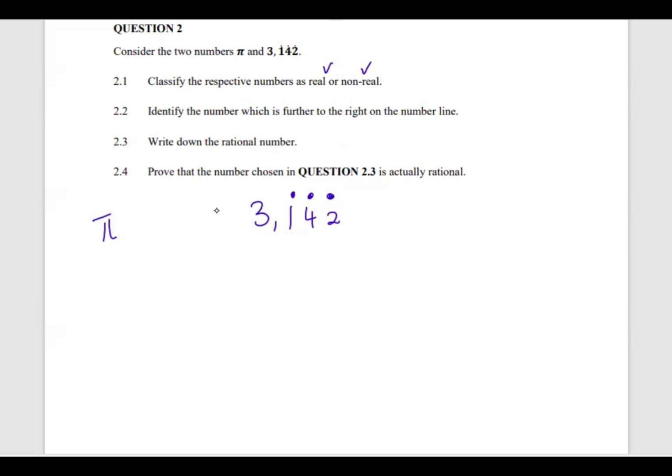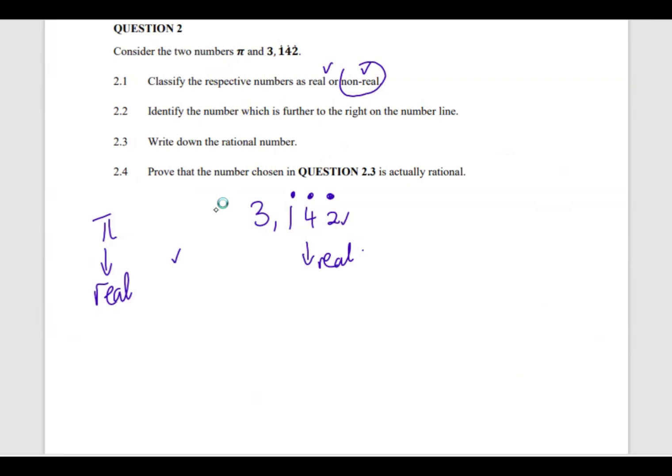So in that video of the different types of numbers, we did discuss this and we said pi usually falls under what we call the real numbers. Same applies to this. This is also real. A number can only be non-real if we have a negative sign within the root, something like that. So both numbers are real, we do agree.